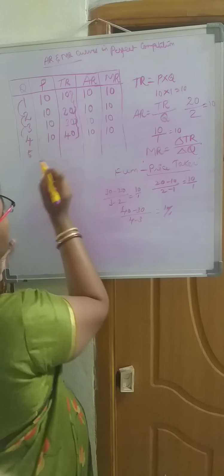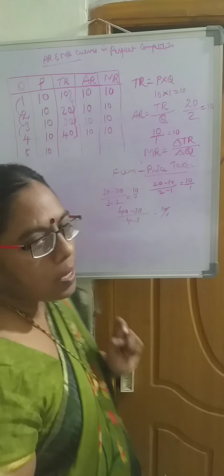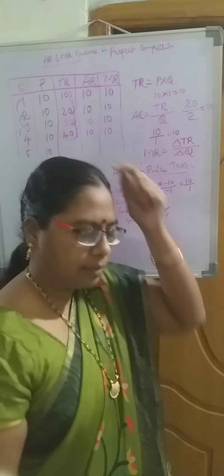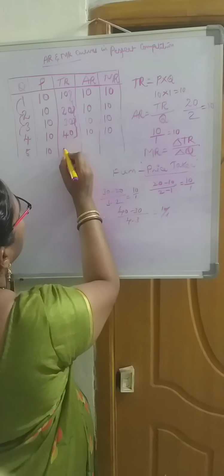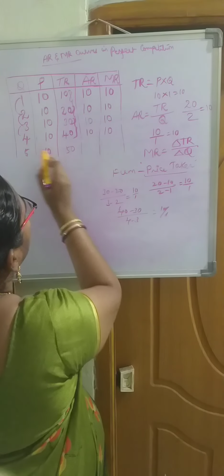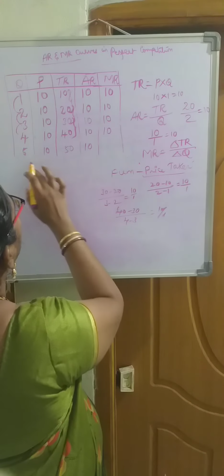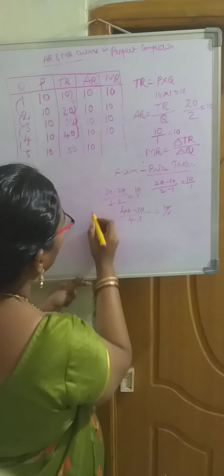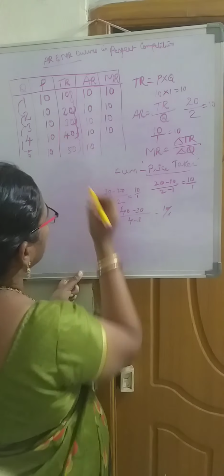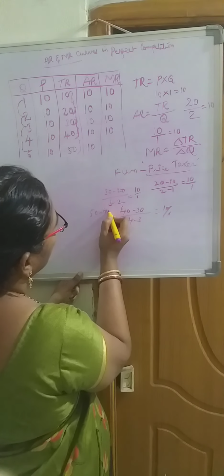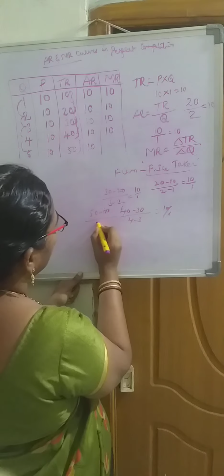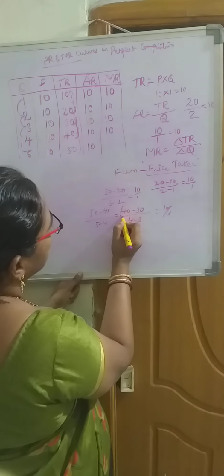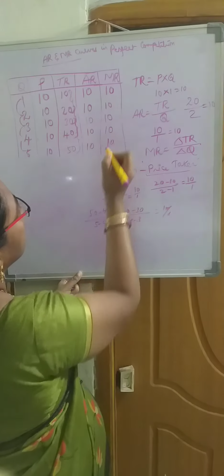The fifth product again 10 rupees, same price, taken 50 rupees, 50 by 5 is 10, and the extra amount is 50 minus 40 by 5 minus 4, that is equal to 10 by 1, 10.